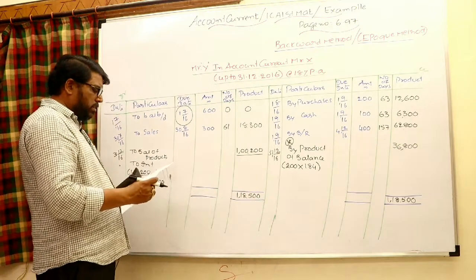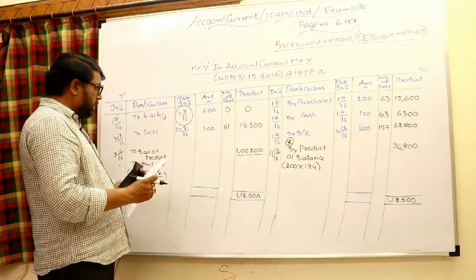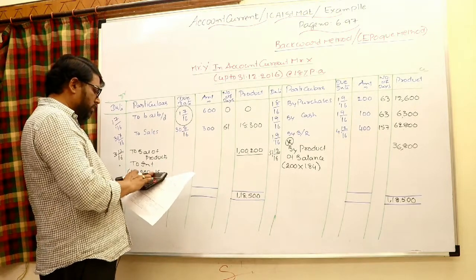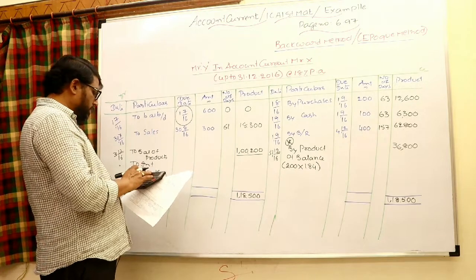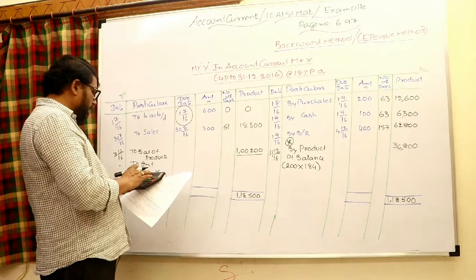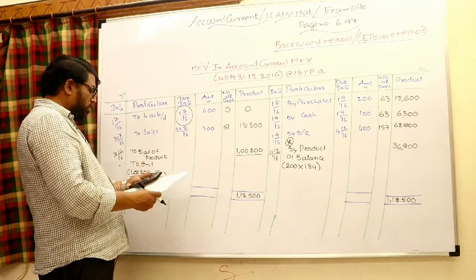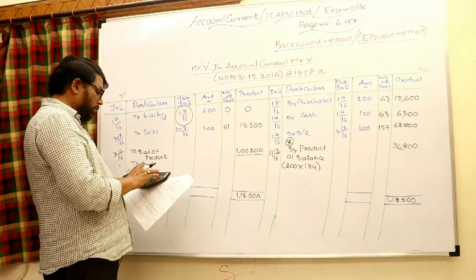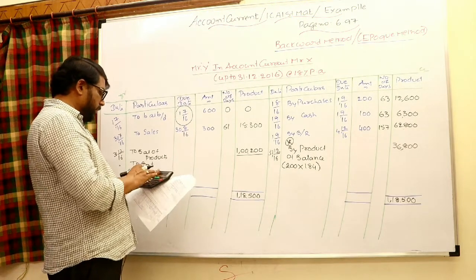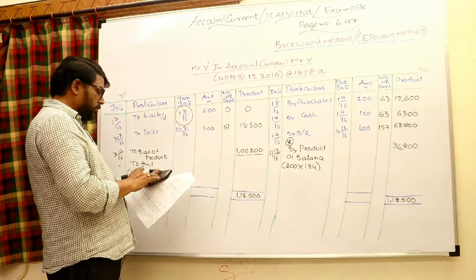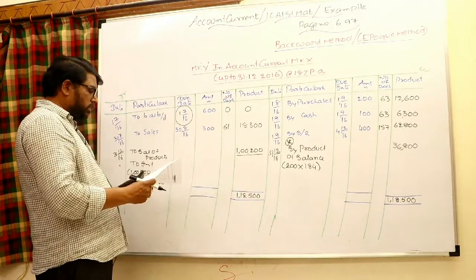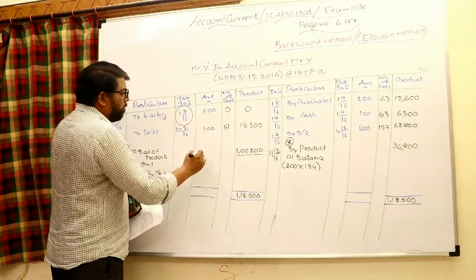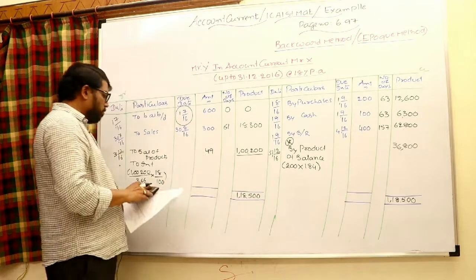So the total number of days you may take for 2016. 1,02,000 by 366 into 18 by 100. Look at that, the product is 49 point something. We can take it as 49 rupees. 49 rupees, write in the amount column.